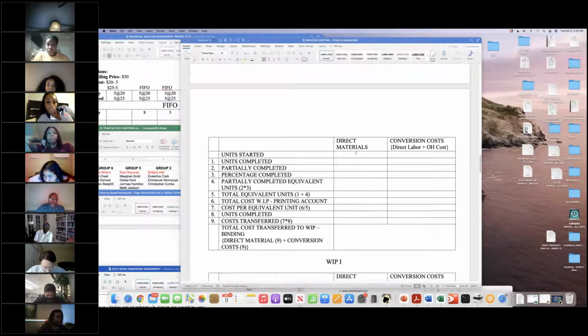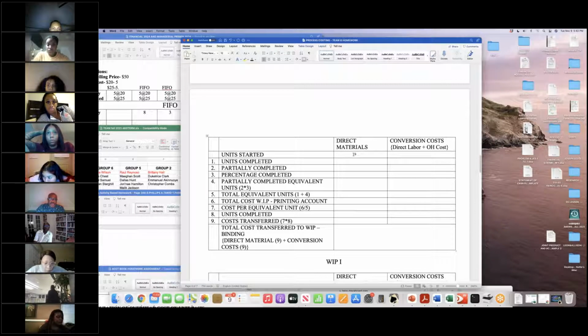What's going to be on this top line? Not group 8, but somebody other than group 8, what's going to be on the top line? 12,000. Thank you. What's going to be on line 1? How many units did we complete? 9,000.